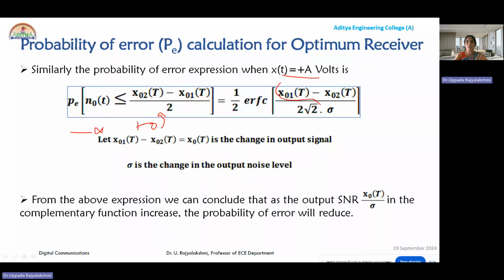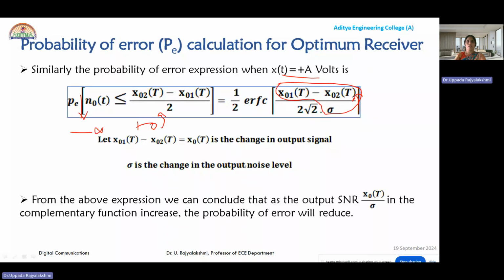Here remember that x01 of t minus x02 of t by sigma represents the output SNR. So if there is any increase in the output SNR, obviously the probability of error will reduce, because this function is a complementary error function.